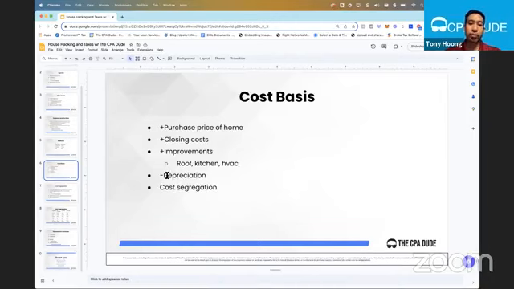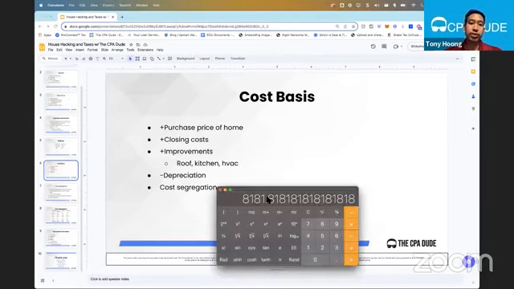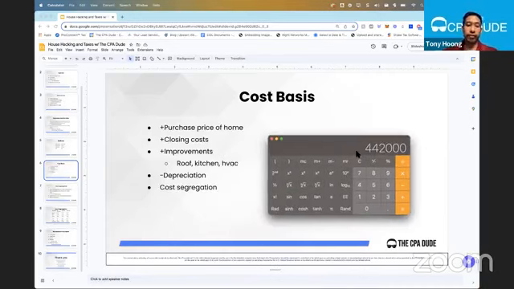And please note that this does reduce your cost basis each year. So for example, we had $450,000 as our starting place, and you subtract out $8,000 each year from there, and it just keeps on rolling down and down. So when you do sell the property, this does actually affect you.